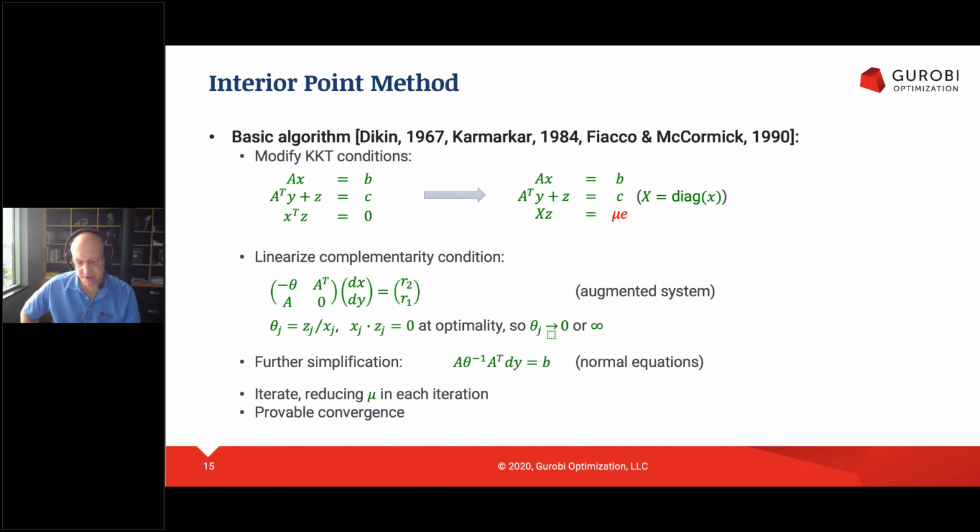And then you iterate, you reduce mu in each iteration, and it's a provably convergent algorithm. So you do this for enough steps, and you wind up in the center of the optimal face.